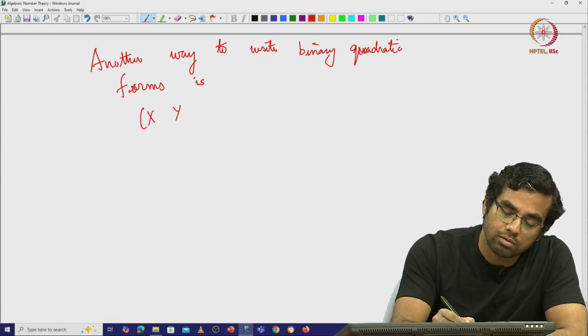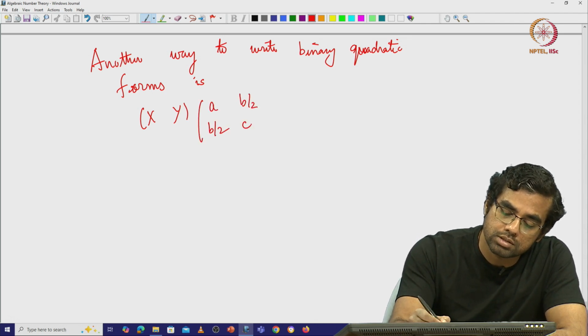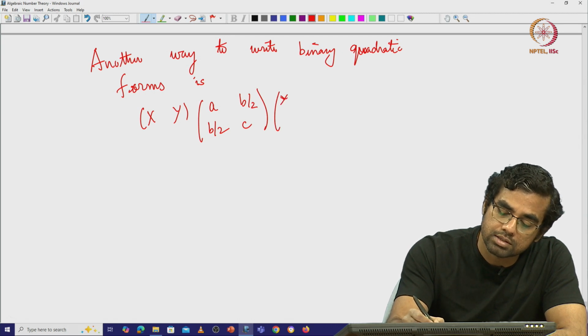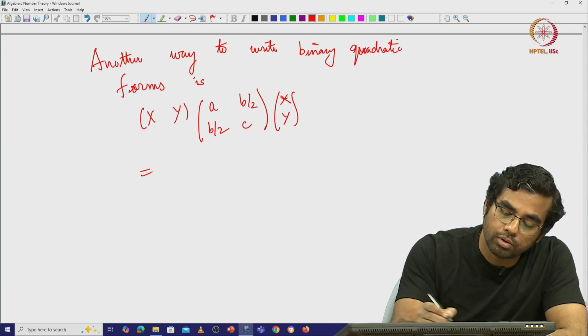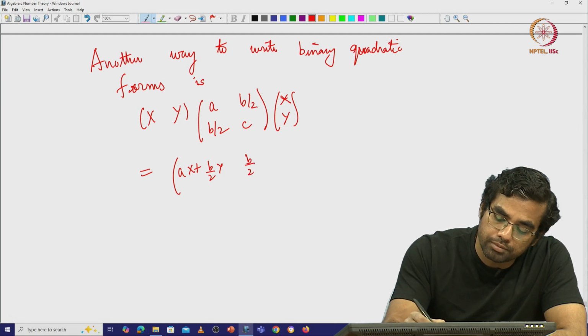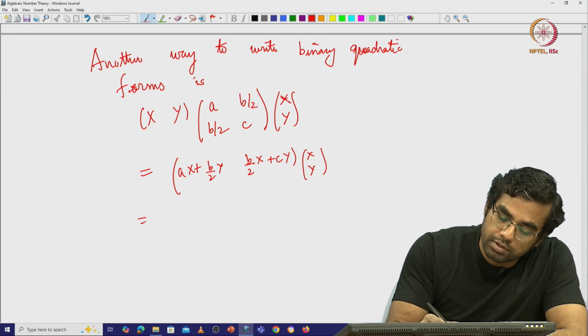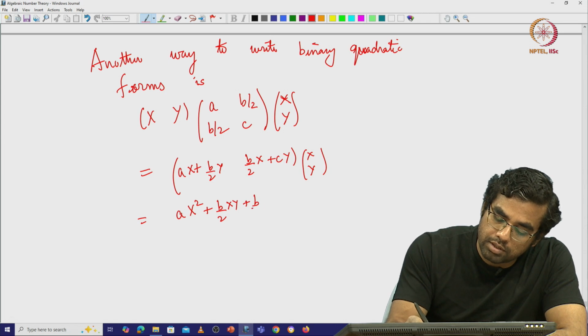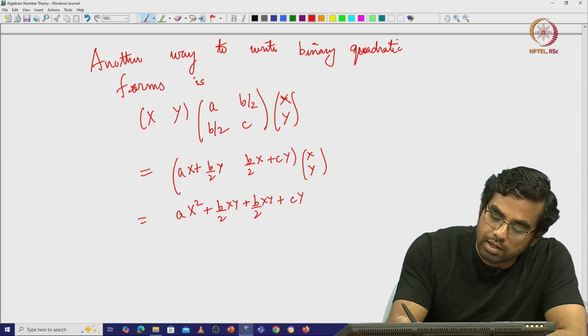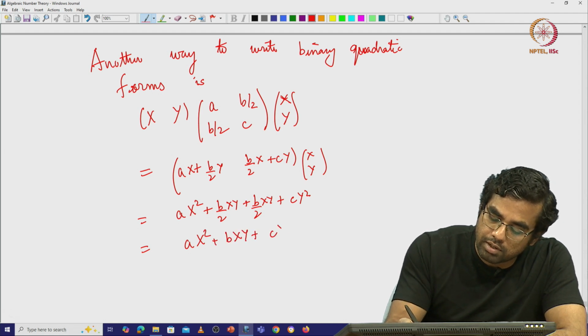You take (x, y), then the matrix with a, b/2, b/2, c, and then (x, y) again. If you look at this matrix multiplication, this is ax plus (b/2)y and (b/2)x plus cy, times (x, y), which is ax squared plus (b/2)xy plus (b/2)xy plus cy squared, which is ax squared plus bxy plus cy squared.